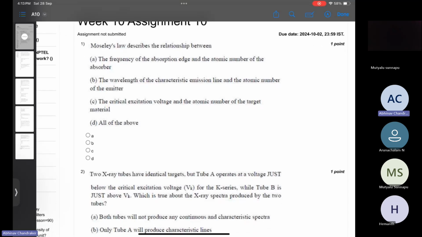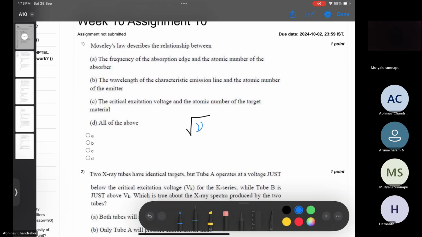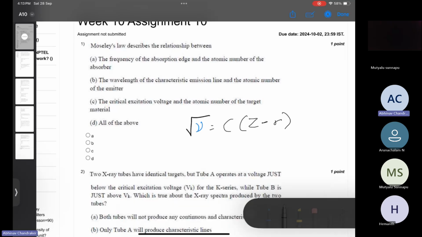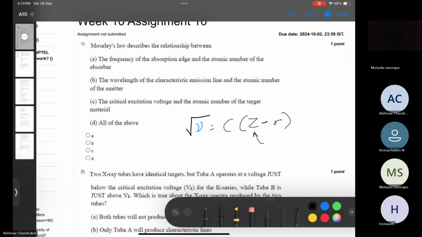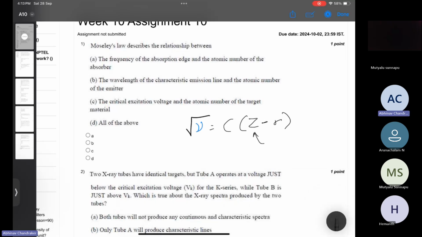So, what does Mosley's law tell? It tells the relationship between the frequency of X-ray that is emitted by an atom of atomic number Z, and this corresponds to the absorption edge or the characteristic X-ray.